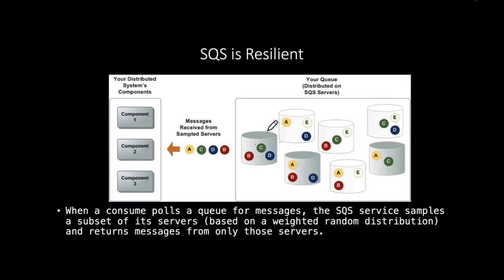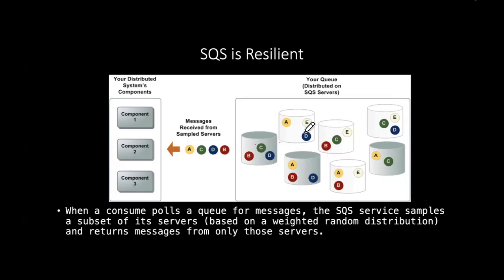So the overall point is that the actual queue is distributed across a number of nodes being managed by the SQS service. When a producer writes a message to the queue, SQS will automatically make multiple copies of that message.